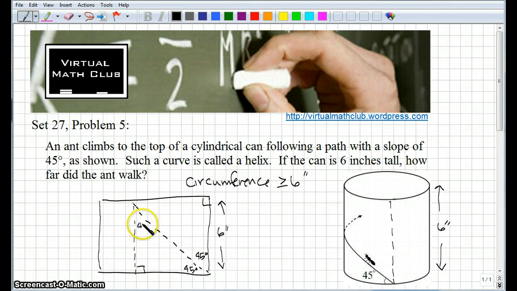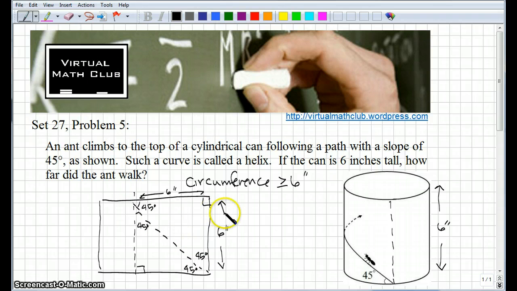So this length here up to this point is also going to be 6 inches. Then you can see that the path the ant is walking is just this diagonal across the square.